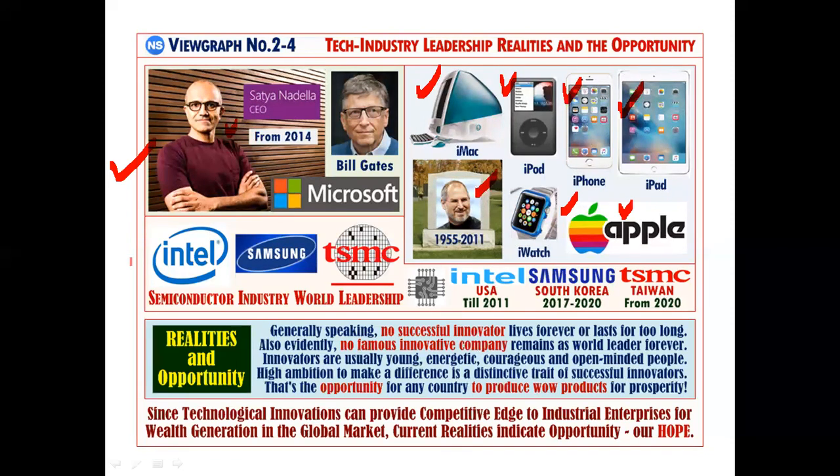Now let's look at the chip producing semiconductor industry. Until 2001, Intel was known as the world leader. Then Samsung, between 2011 and 2020. And now a company that we had never heard of in Taiwan.